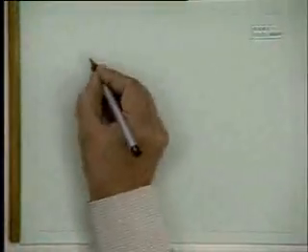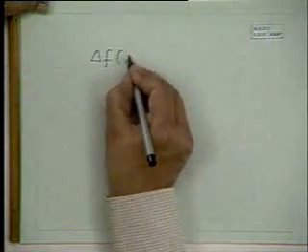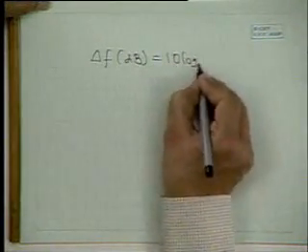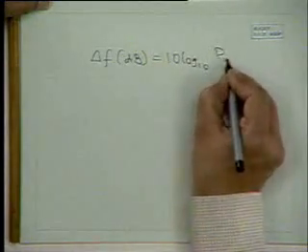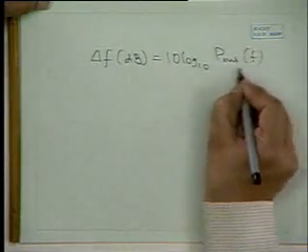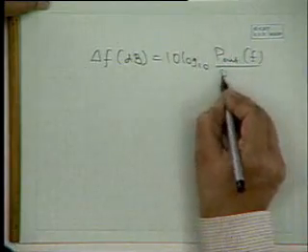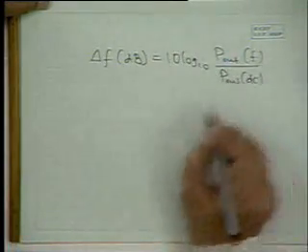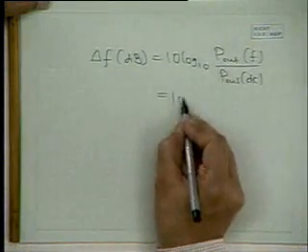So the optical bandwidth, delta F in dB, is 10 log P out at a definite frequency over P out at DC. This is frequency dependent, and this is equal to 10 log 10.